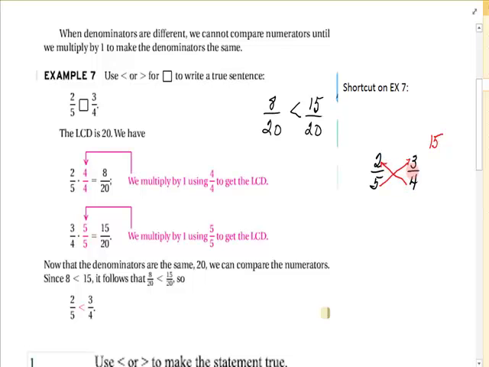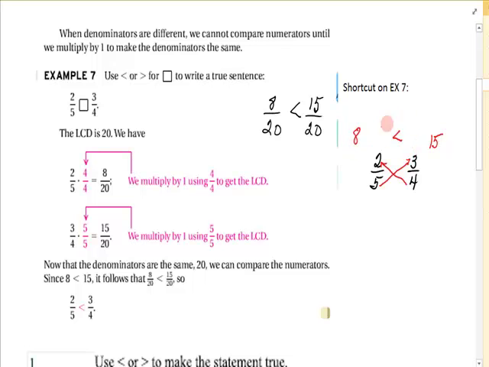Then you have 4 times 2, which is 8, and write it on that side. You do notice that you're getting those numerators. The symbol between those would be less than, so that's the symbol between the fractions. You won't always get the numerators, but you will get values that indicate which is less and which is greater.